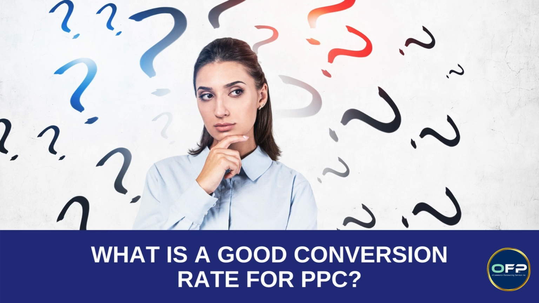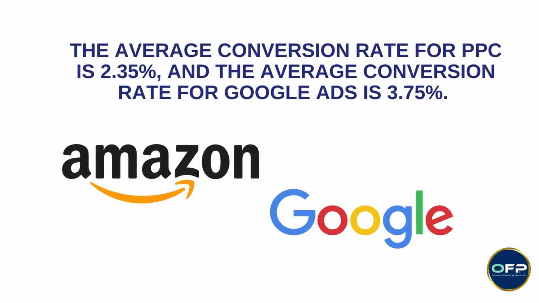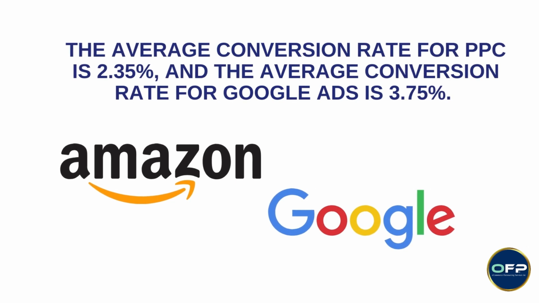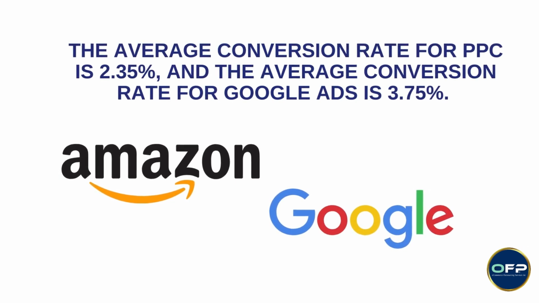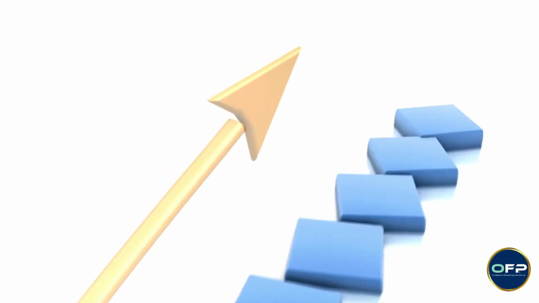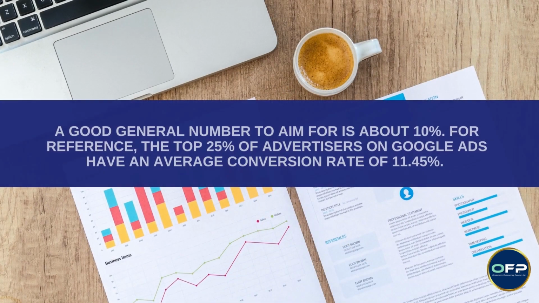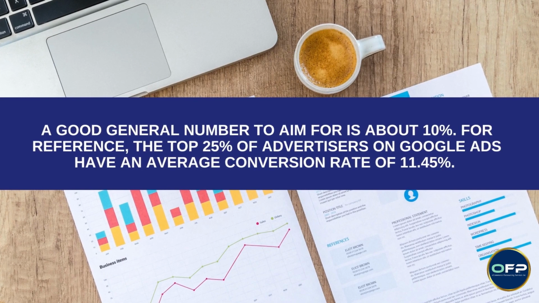What is a good conversion rate for PPC? The average conversion rate for PPC is 2.35%. And the average conversion rate for Google Ads is 3.75%. For a good conversion rate, aim for a higher rate than the average. A good general number to aim for is about 10%.